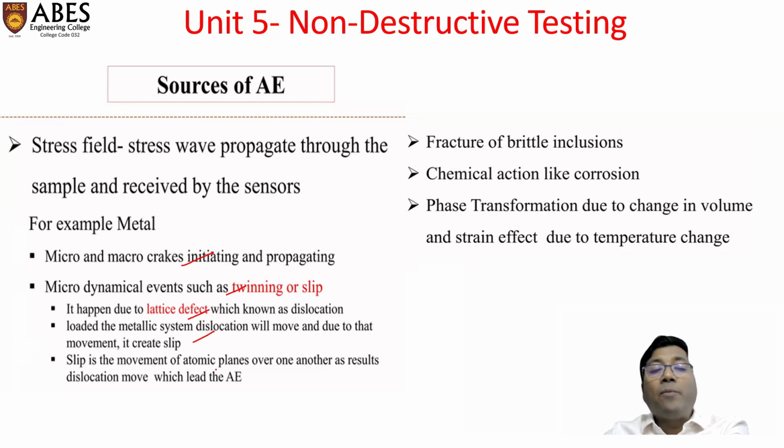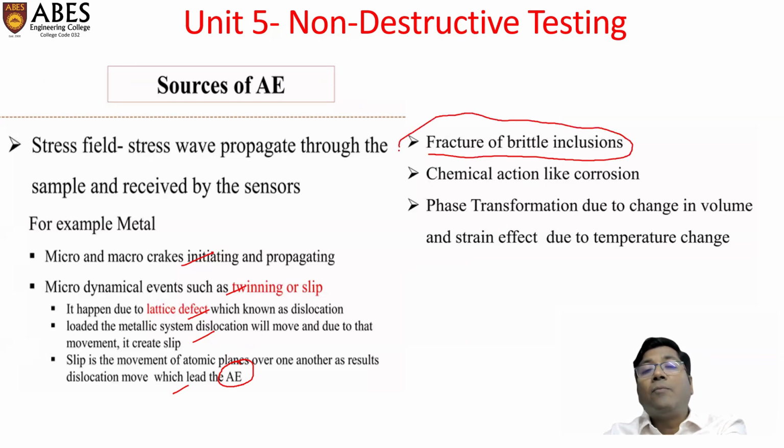Slip is the movement of atomic planes over one another as a result of dislocation movement, which leads to AE. So slip causes deformation, and this deformation causes the emission of acoustic waves, and this is measured and analysed, and testing is done for the material.